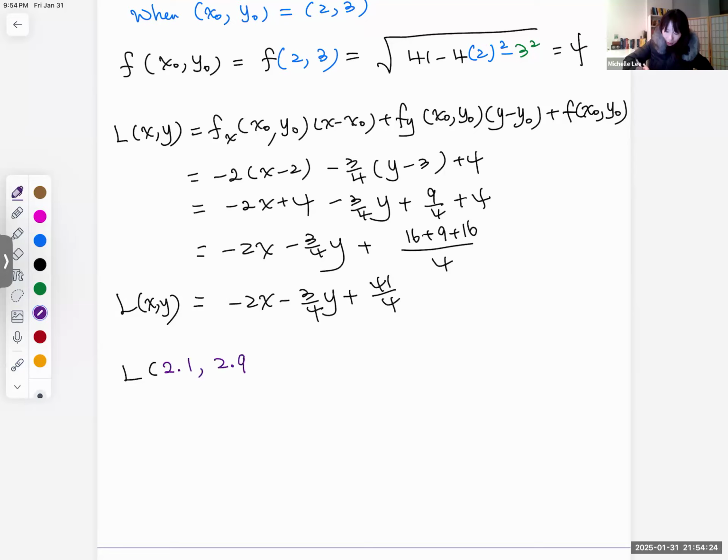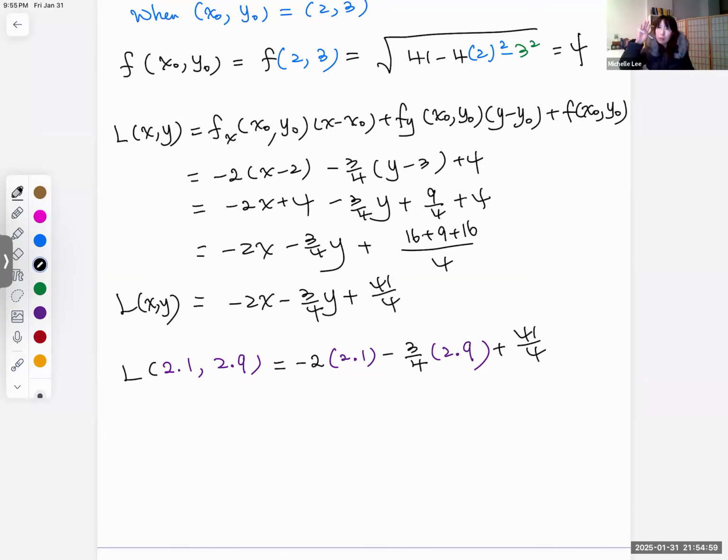So 2.1, 2.9 equals -2 times 2.1 minus 3 over 4 times y, which is 2.9, plus 41 over 4, right? Can you please calculate?